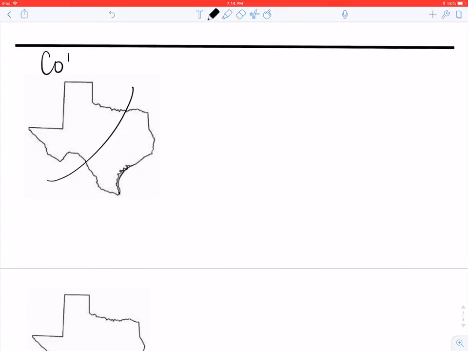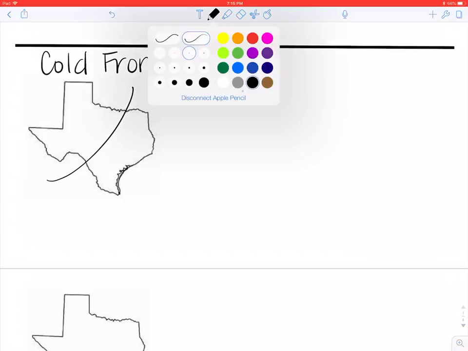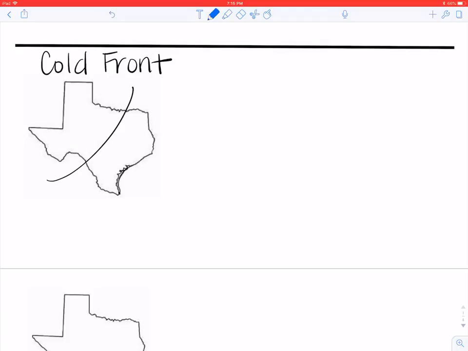Let's talk about cold fronts. What do you think the symbol for a cold front would look like? If you said a line with blue triangles, you would be correct.